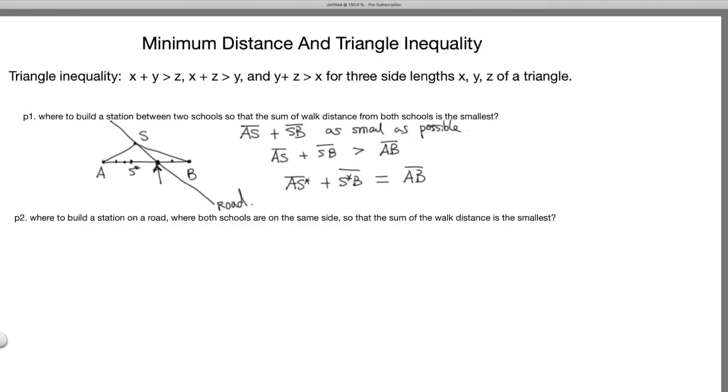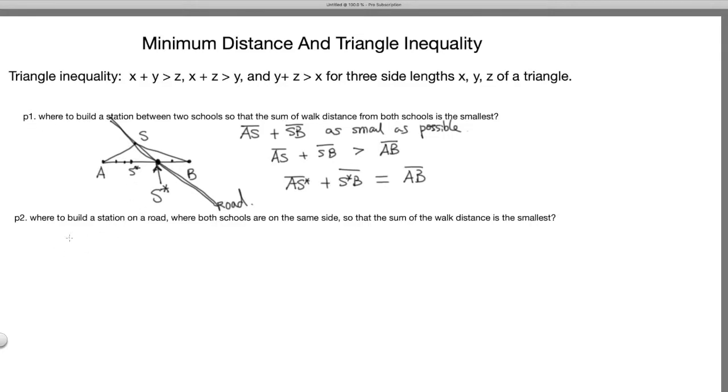Because we know that on this line segment, any point satisfies that the sum of A S star and S star B equals AB, so any point is optimal. Now, with the limitation of being on the road, we just take the cross point and call it S star. And that's the solution for problem number 1.